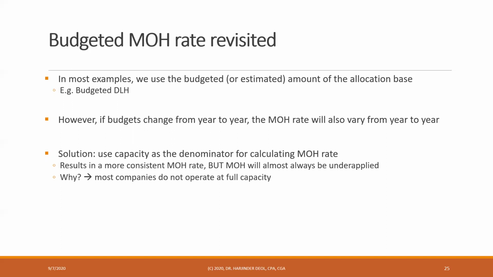Now, people that bat for this approach will say that using capacity to calculate the manufacturing overhead rate can actually help improve decision making, because then you don't have to worry about the impact of MOH. You will always be considering the manufacturing overhead rate consistently.